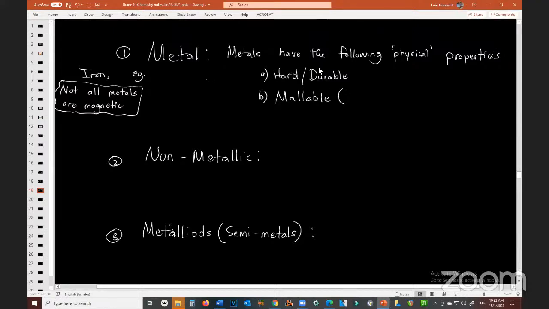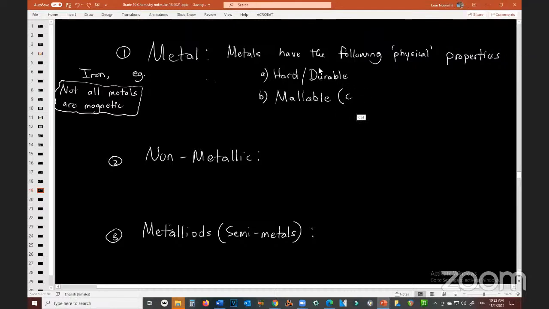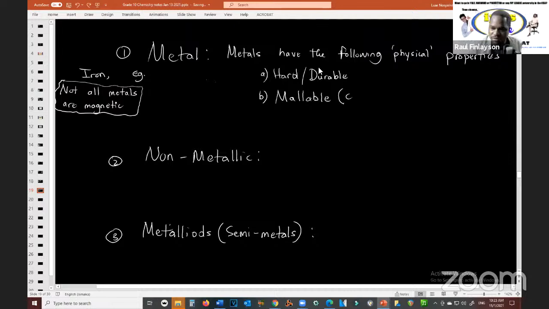Basically, malleable means that it can be shaped easily, used to form shapes by hammering.